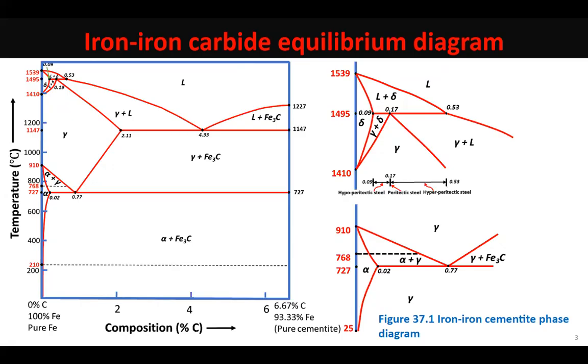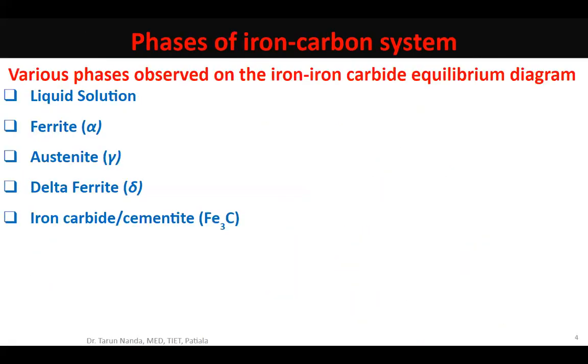Now, the first phase that I'll discuss with you is called liquid solution. That is understood, and it's not of any importance to us, because a material system is used when it's in a completely solid state. So the first phase which is of interest to us is called alpha ferrite, alpha solid solution, or as I said, popularly ferrite.